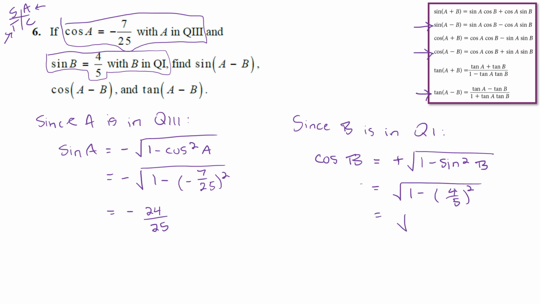When we simplify this expression under the square root, we will get 3 over 5. Okay, so now we have the sine A, cosine A, sine B, and cosine B. Okay, and so now we can utilize those values to find sine A minus B, cosine A minus B, and tan A minus B. All right.